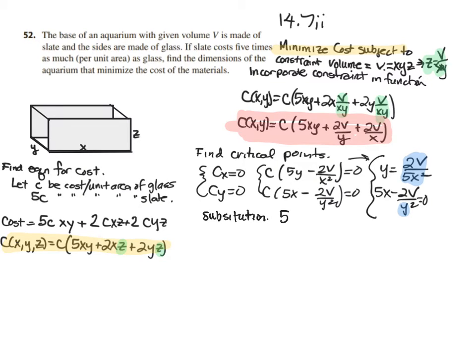I get 5x minus 2v divided by y squared, where y is 2v over 5x squared. Minus 2v over 4v squared over 25x to the fourth.